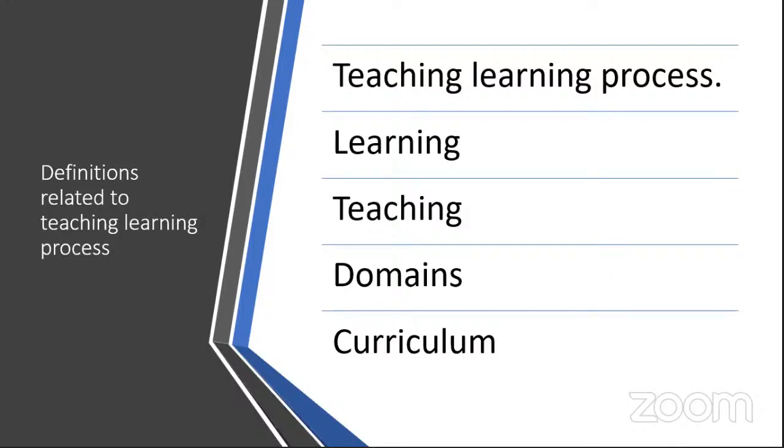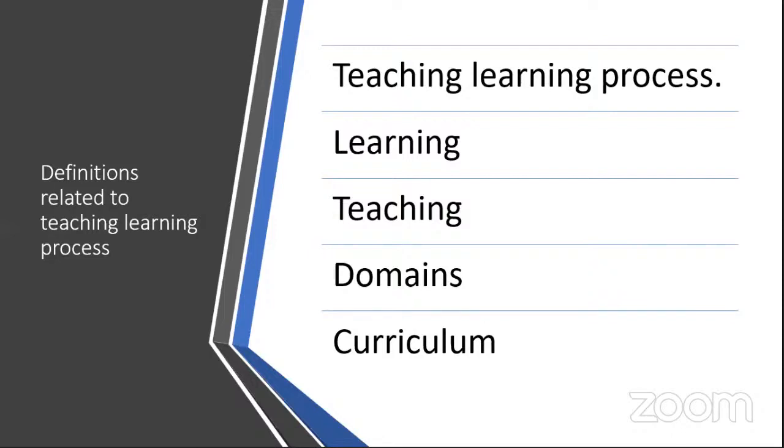Moving to the next point, teaching. It is deliberate intervention that involves the planning and implementation of instructional activities and experiences to meet intended learner outcomes according to a teaching plan.